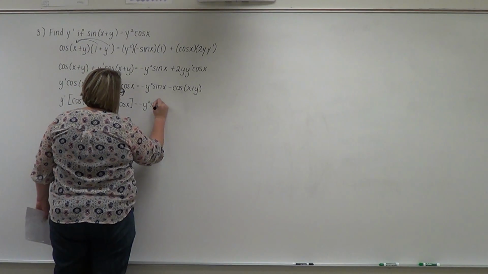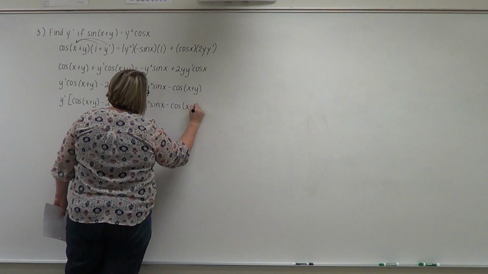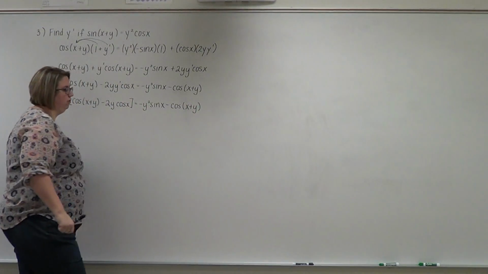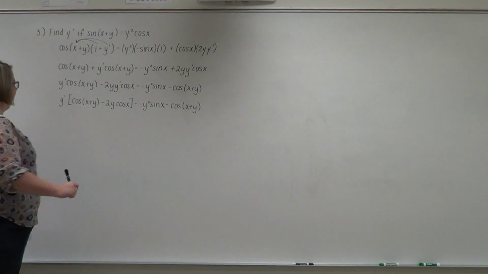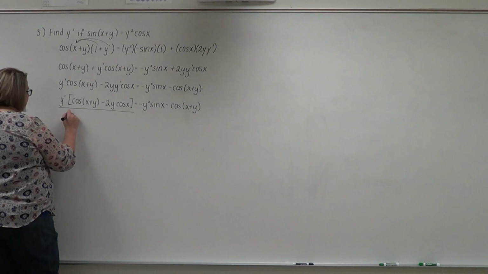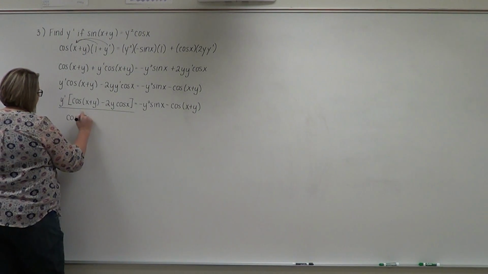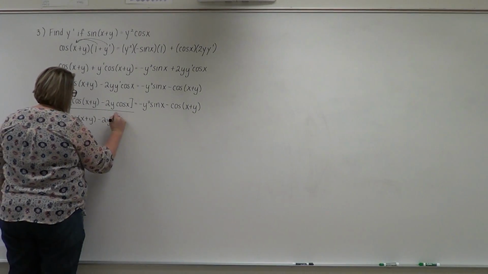There's nothing really to factor out besides a negative, so you don't have to factor anything out. It's not going to make anything easier for you. And then my last step is I need to divide by what's inside, so cosine of x plus y minus 2y cosine x.